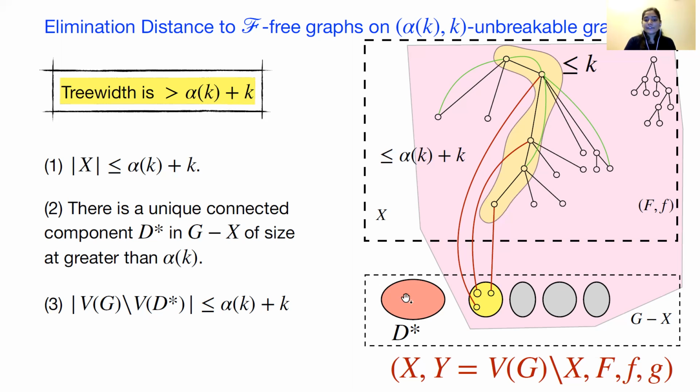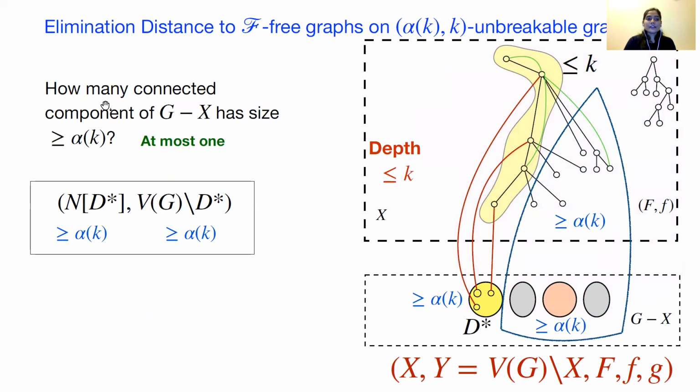And if you look at the remaining vertices other than this large connected component, then they are bounded by alpha k plus k. So we have that the modulator size is bounded by alpha k plus k, there is a unique large connected component in the remaining graph, and the vertices other than the unique large connected component are themselves bounded by alpha k plus k. We exploit these three properties in the case when the tree width is large. Let me first prove these properties and then I'll come to the algorithm part.